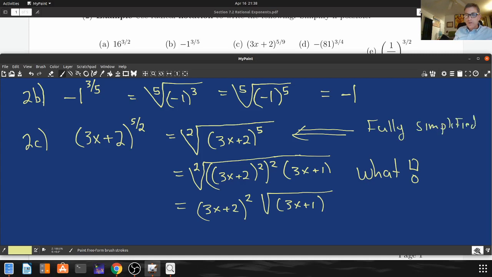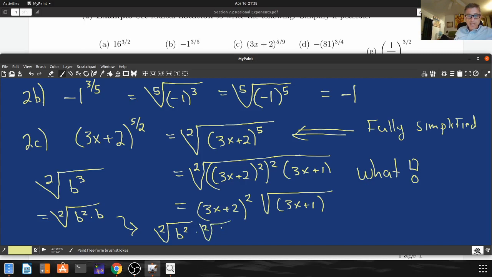But I want to show you what I did. Suppose I want to take the second root of b, not to the fifth, but b to the third. Well, that's equal to the second root of b squared times b, which turns out, a property we've not yet learned, to be the square root of b squared times the square root of b.